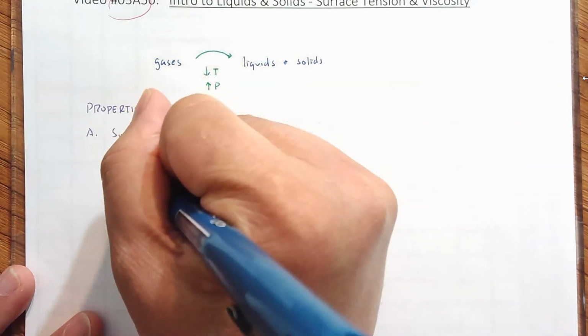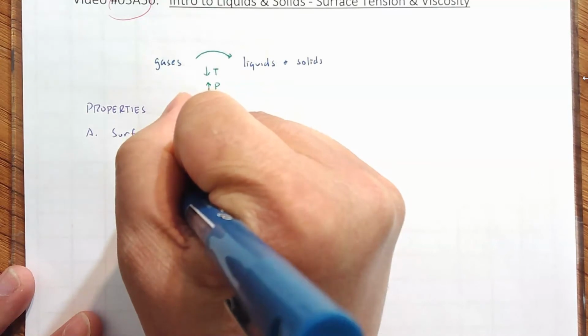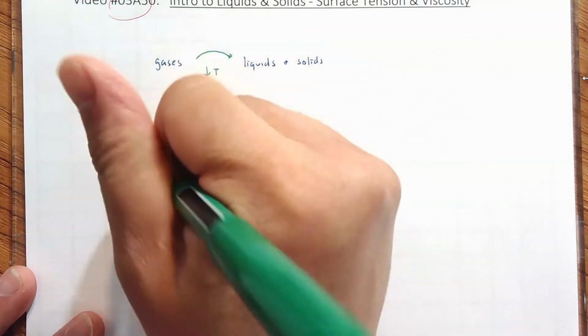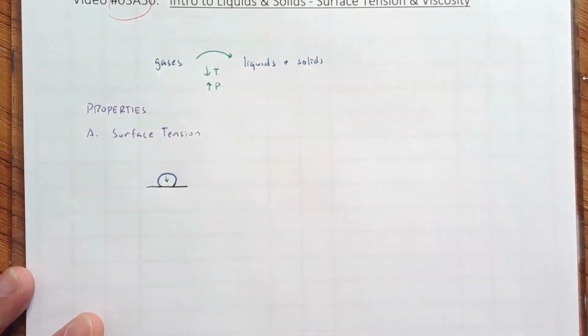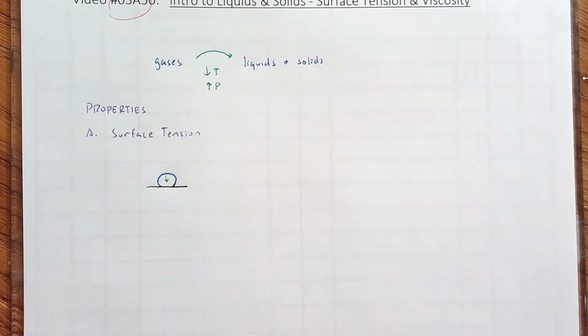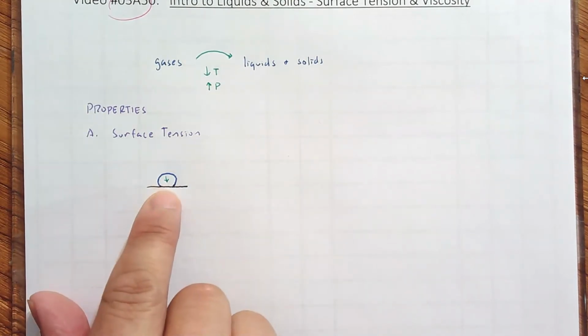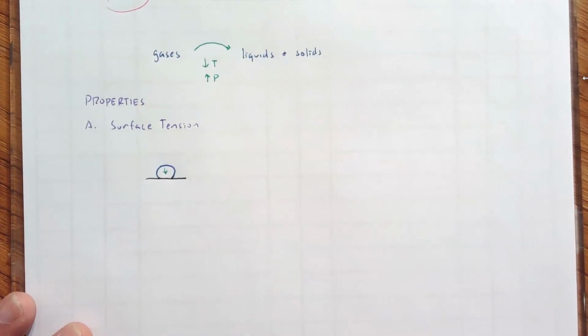Instead, it's going to form beads of water droplets. And there's an inward pressure or inward force of the molecules of water at the surface that helps maintain the shape.